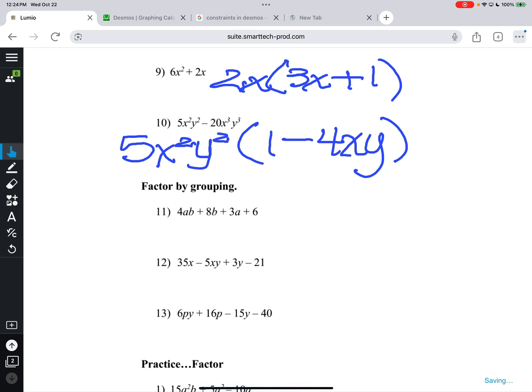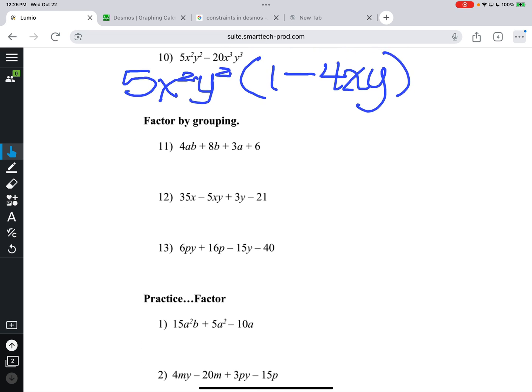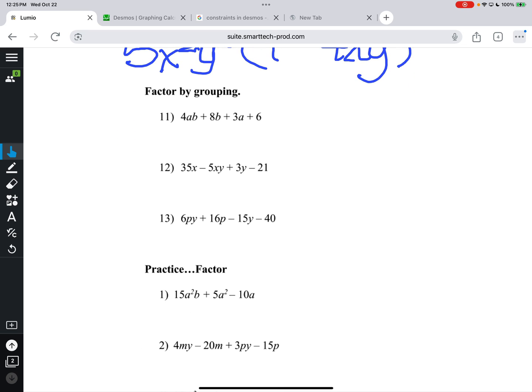All right, are y'all good with greatest common factor? Yes. And then our parenthesis, I kind of call it just the left behind. It's what didn't get selected. So our next part is called grouping. Notice how many terms do we have? 4. These are like bigger polynomials.